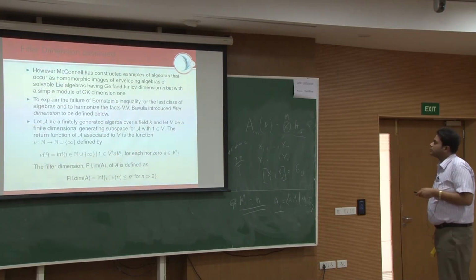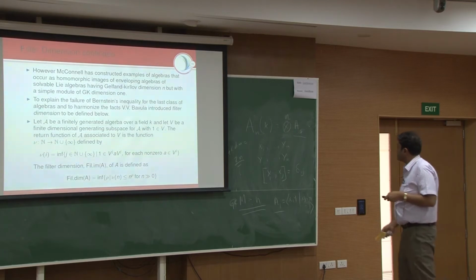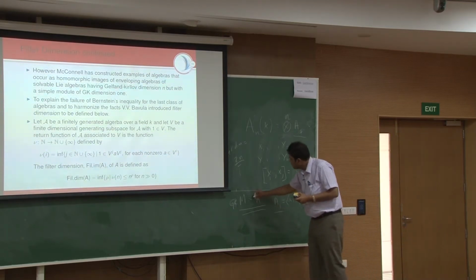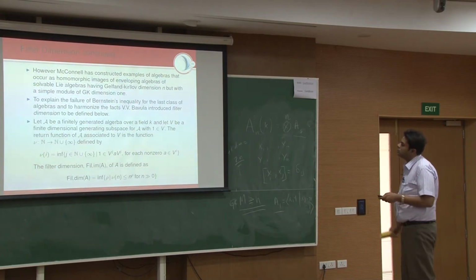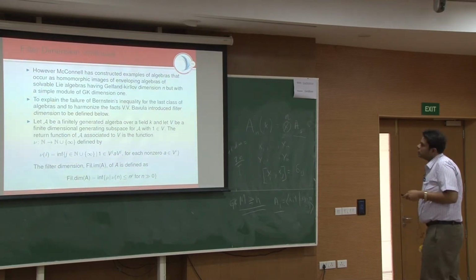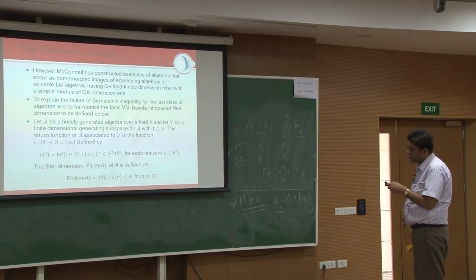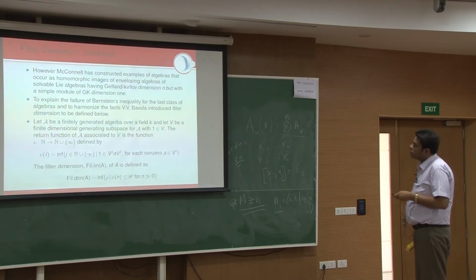Why is it that some algebras satisfy this kind of inequality, that the GK dimension is at least n, or bounded below by some integer, but for certain algebras we can find simple modules of GK dimension 1? In his investigation, he introduced the notion of a filter dimension. Filter dimension is defined in terms of the filtration, in terms of the grading function.